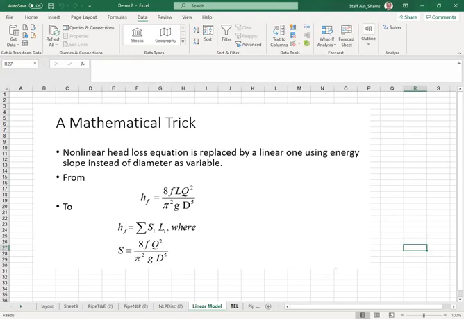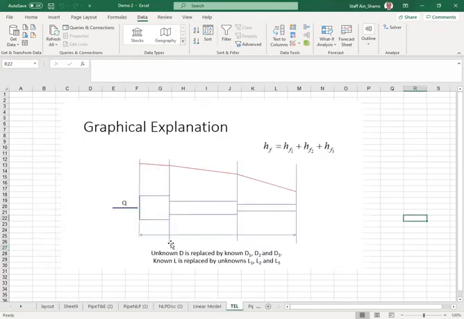To show you how this is done through the total energy line, this is the original pipe here with length 3,000 foot. And then we divide it into 3 candidate lengths, but we choose the diameters for the 3 lengths. And these diameters have to be chosen to satisfy the velocity constraints.